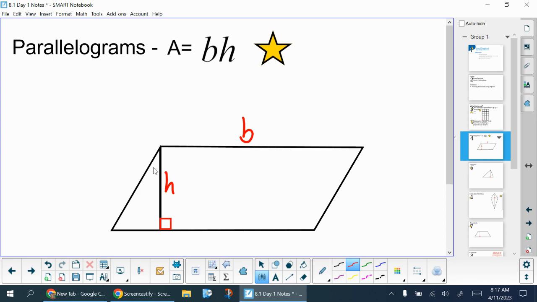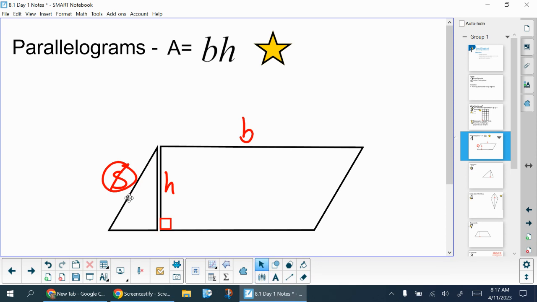Why is it still the same base times height, and why does this side length have nothing to do with it at all? Well, if I take a look at this triangle here that makes it a parallelogram and just drag it to the other side, I haven't changed the area because the area of these two pieces is still the area of the whole thing, but it's a rectangle now. So it's the height times the length of the base.